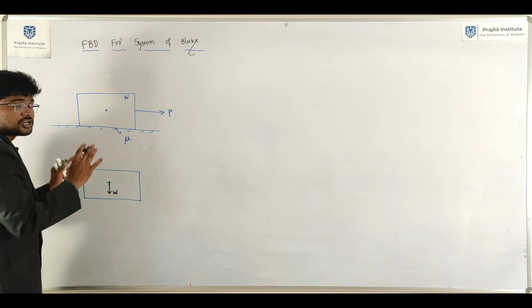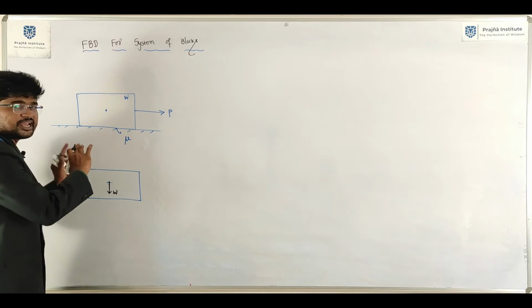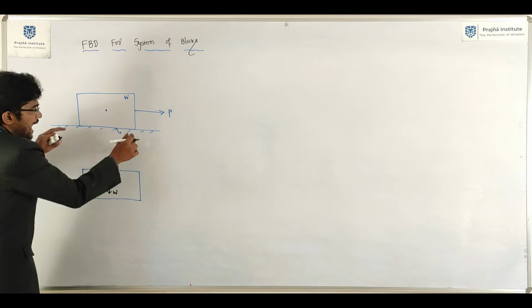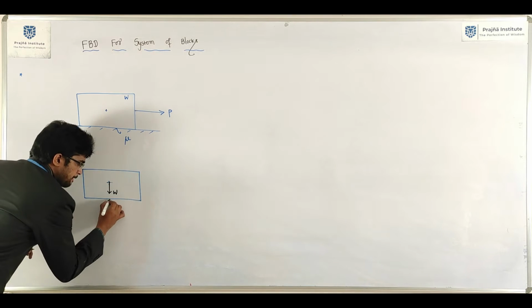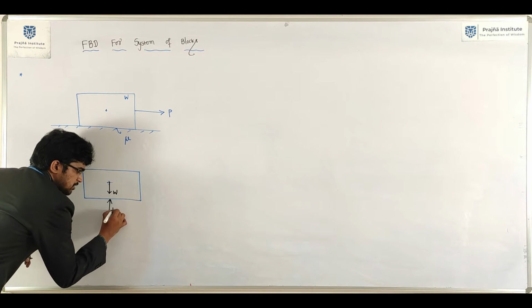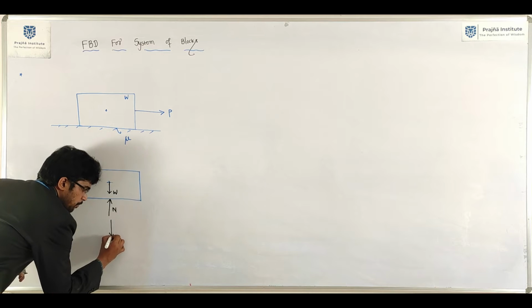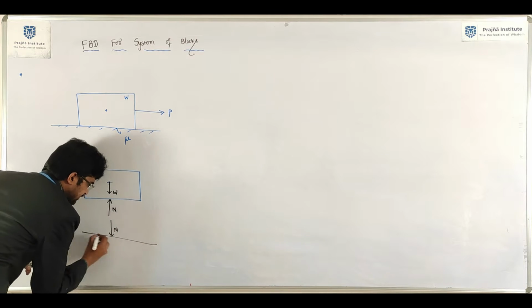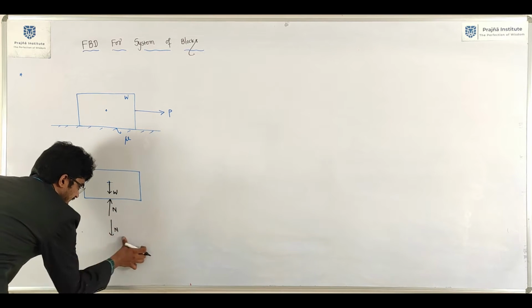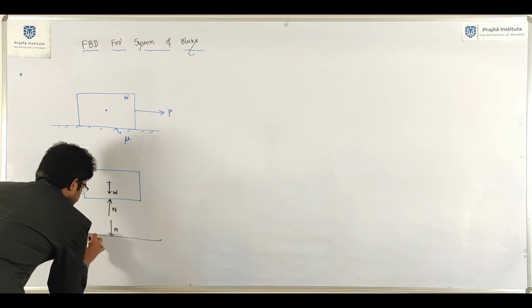Next statement: tension always pulls the body. No string, no tension. Next, at every contact surface, 2 normal reactions will be acting. Both are equal in magnitude and unlike in nature.